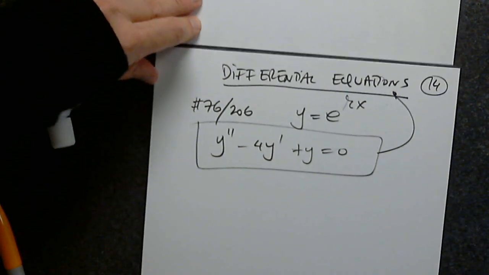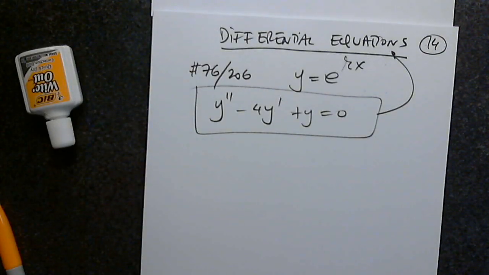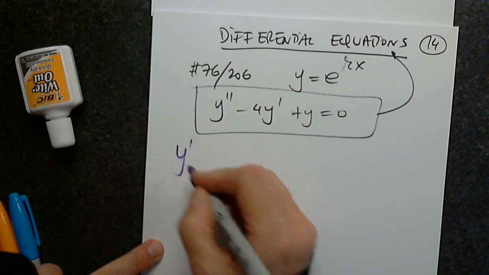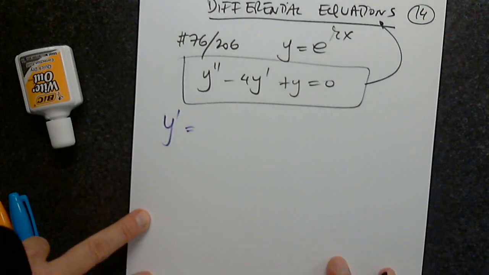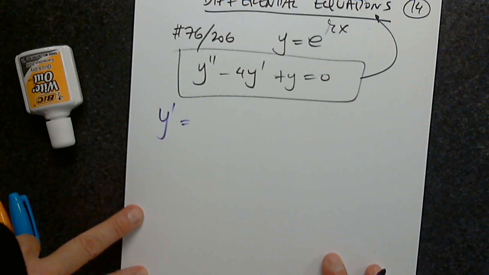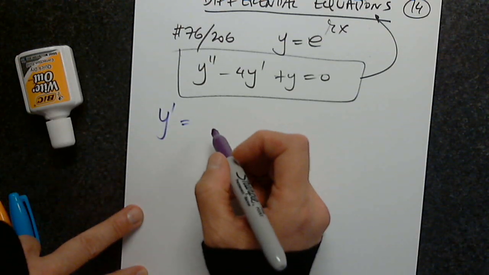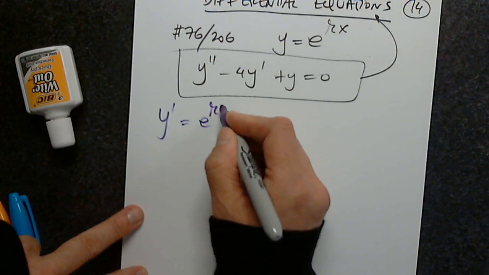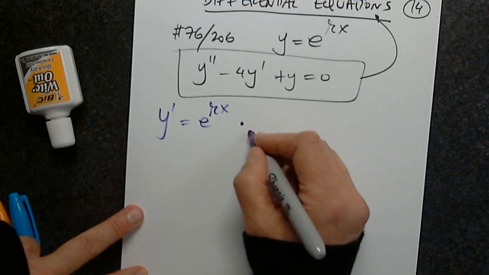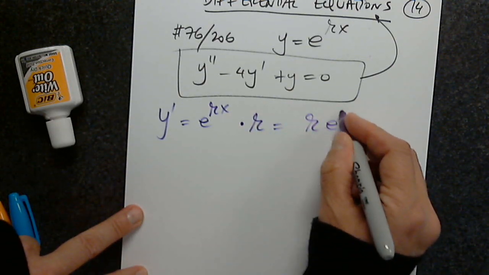Any ideas how to start, what to do with this? What do I have to do? Find y prime. Excellent. So y prime is r e to rx.